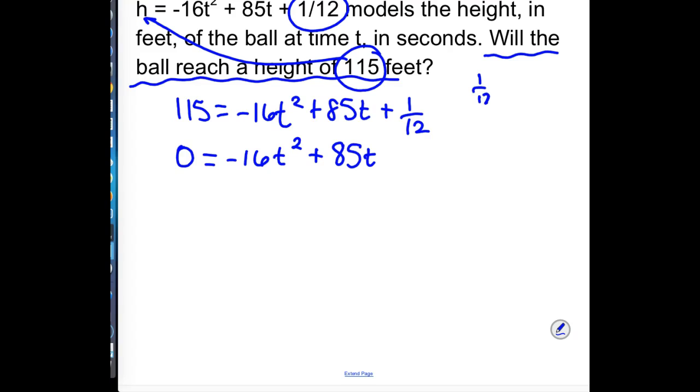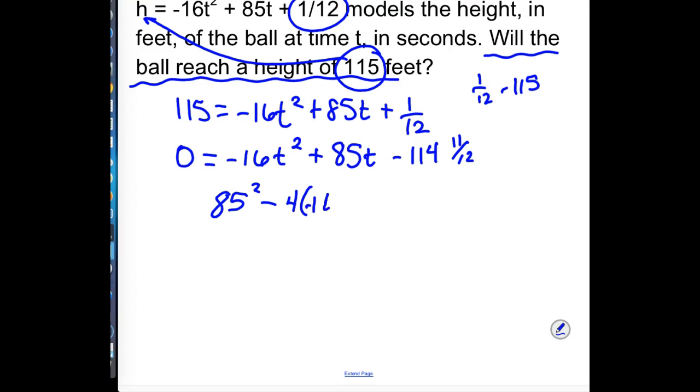I need 1/12 minus 115. Where does that put me? Negative 114 and 11/12, yes?